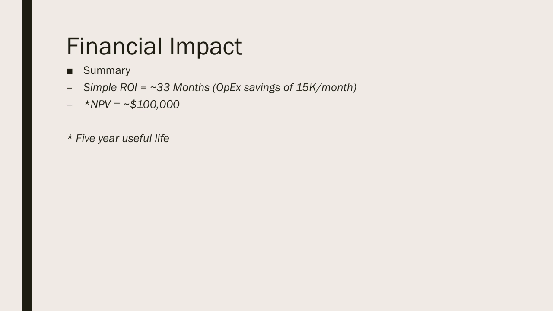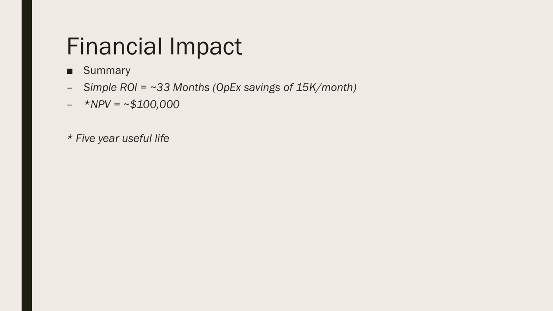The OpEx difference is about positive $15,000 a month. So with a $500,000 spend, easy math, we're going to be whole in about 33 and a half months. The useful life of this network is 5 years.